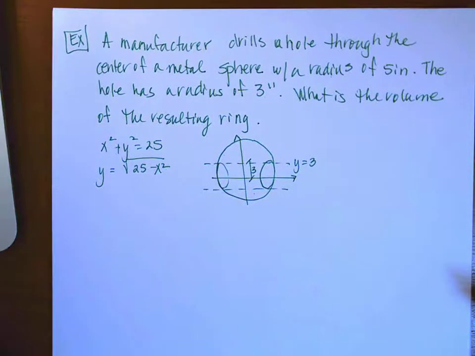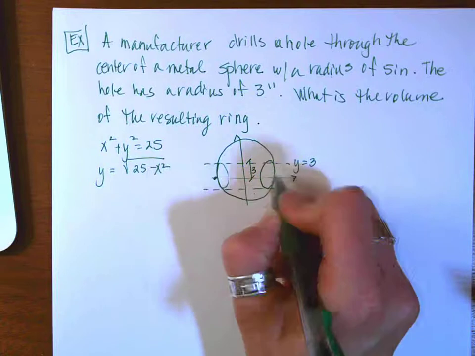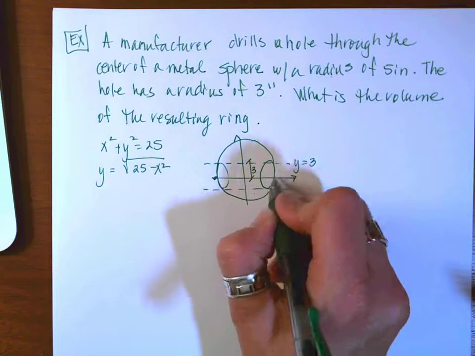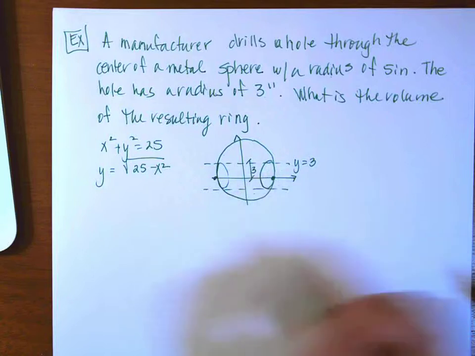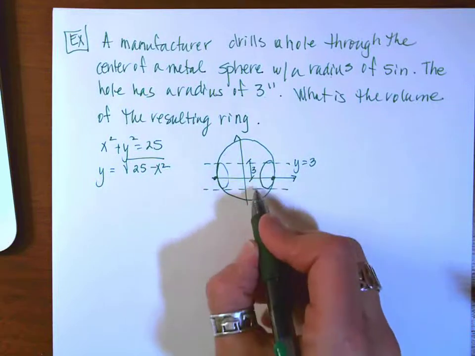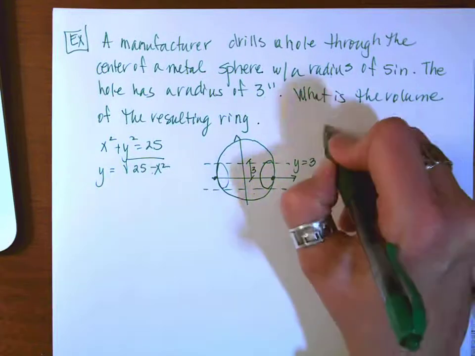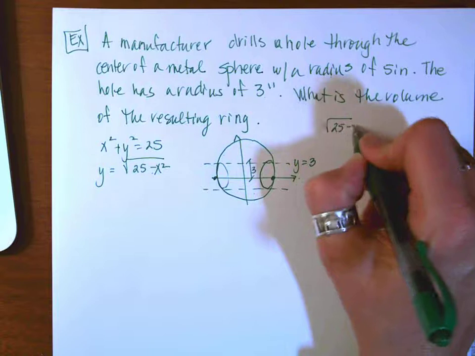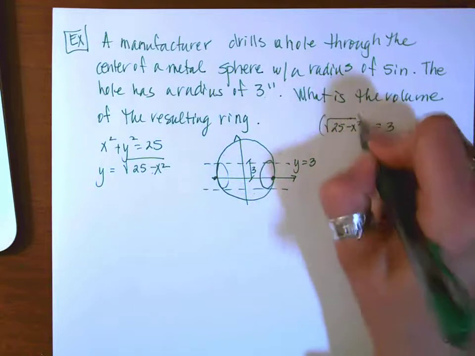All right, so if I'm going to calculate the volume of the revolved solid, remember that the radius of our circle is here, and then we have a hole going through it, but I need to find out where these two guys intersect. So I'm going to set my two equations equal to each other. So I'm going to have the square root of 25 minus x squared is equal to 3.